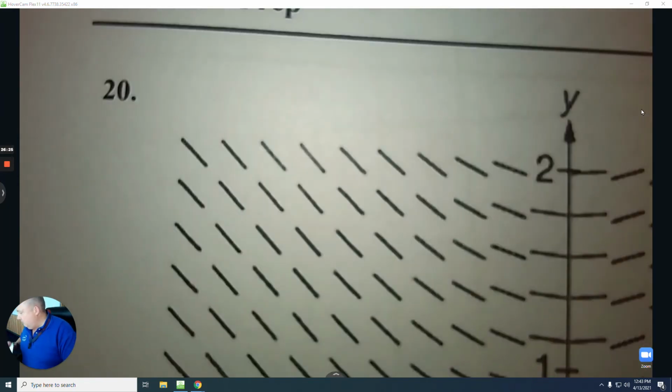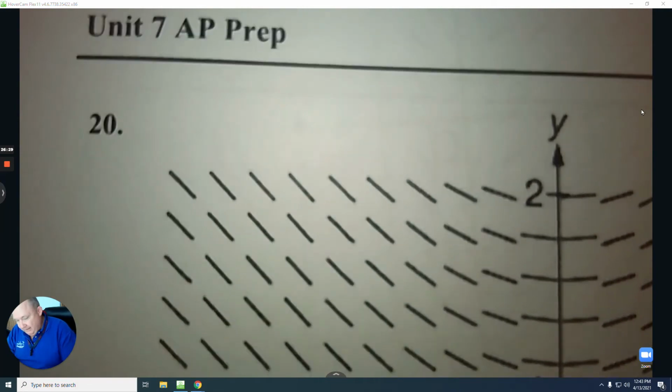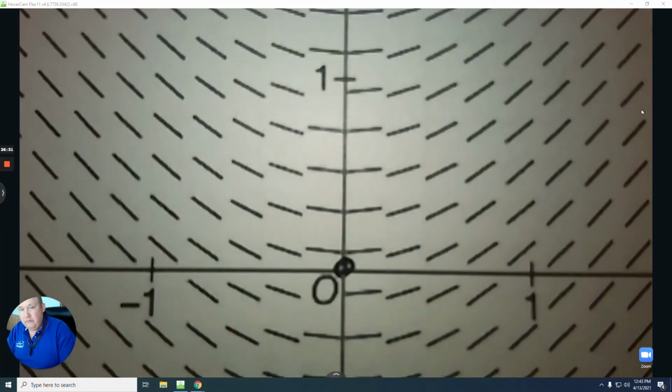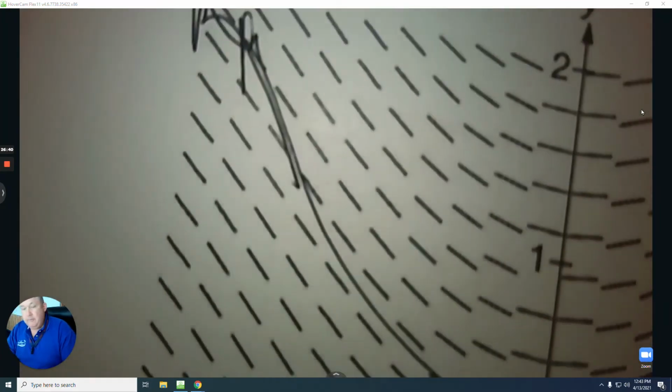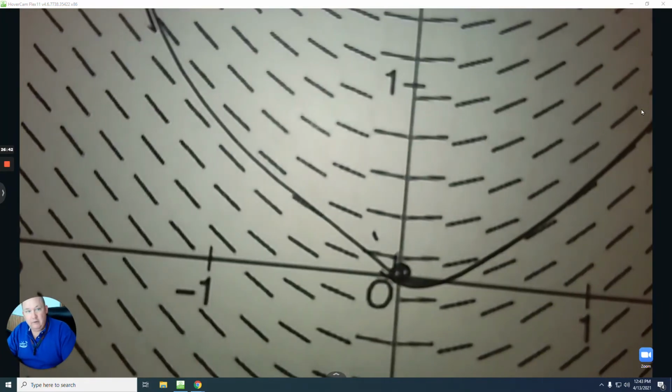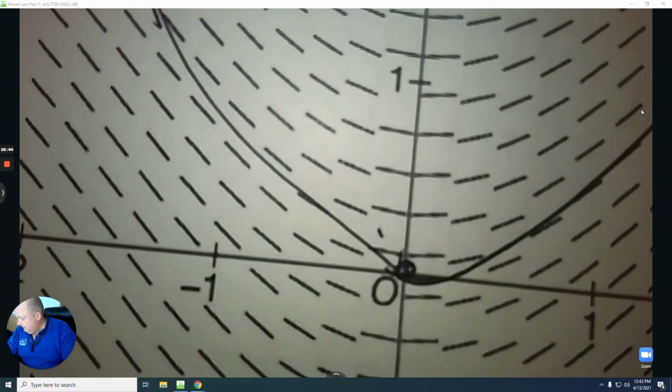20 is a Diffie Q. Draw it. So y at 0, right here, is 0. So from 0, 0, draw it. And then think, what could that be the picture of? Could it be negative cosine?